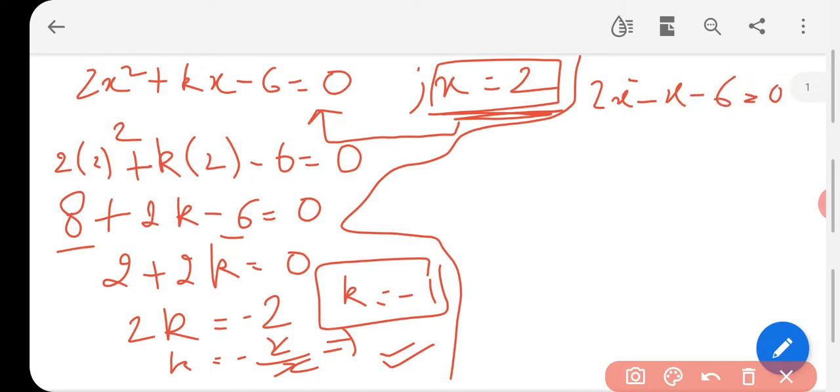Yes or no? What we have done, we put k is equal to minus 1. Now this is the quadratic equation, because the highest degree of x is 2.